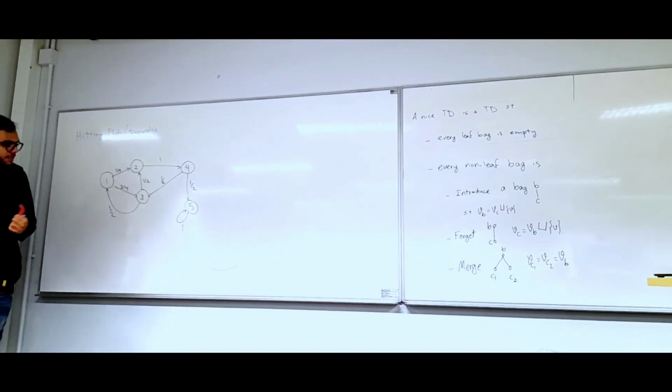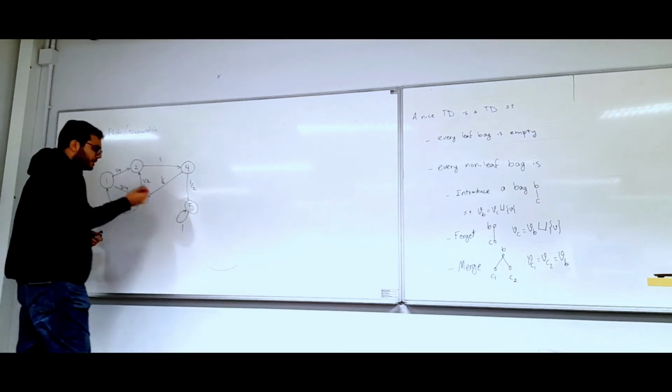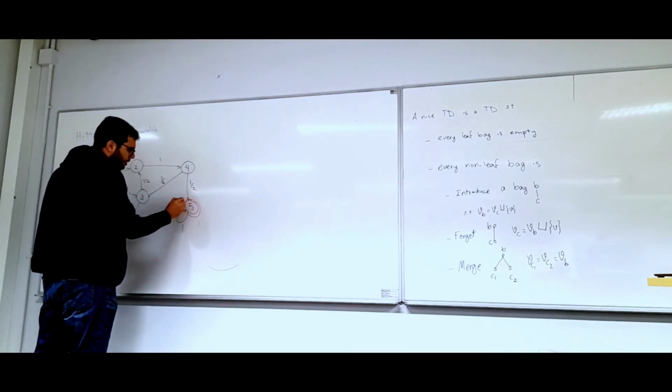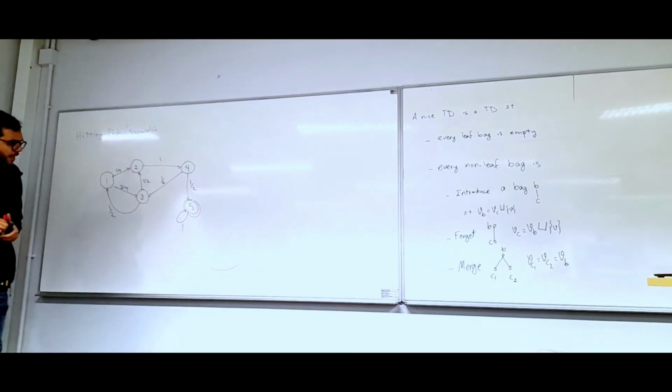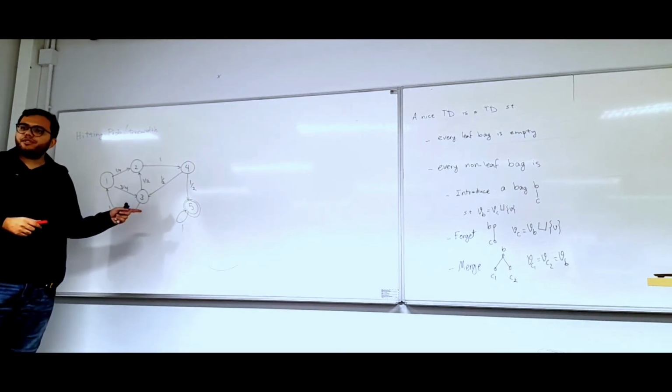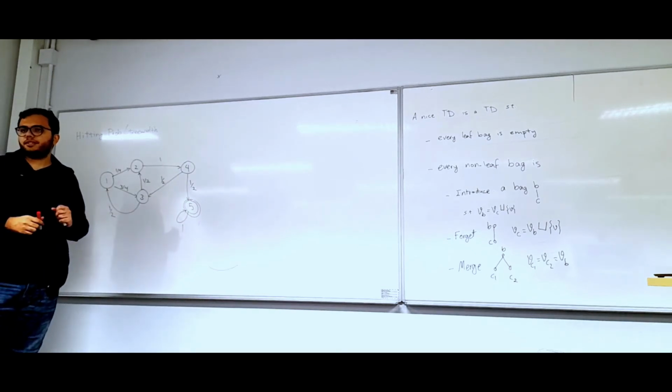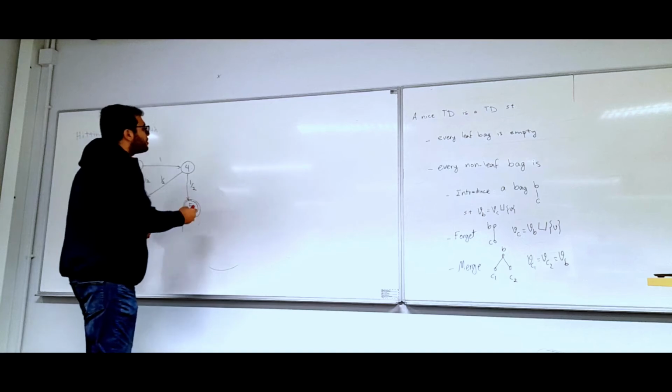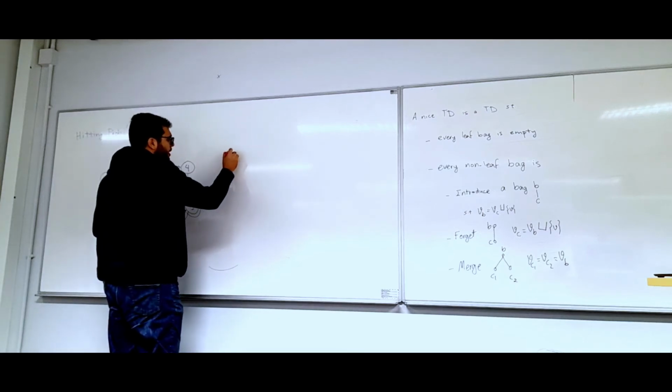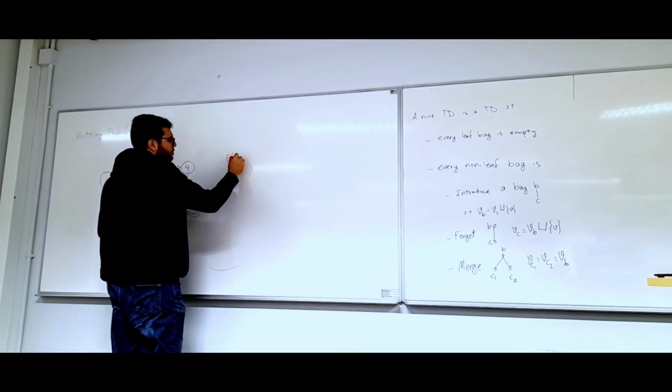So now let's say that I have some target vertex. So let's say my target vertex is 5. And I want to compute the probability of ever reaching this target vertex. And I'm going to call that P of u,t.